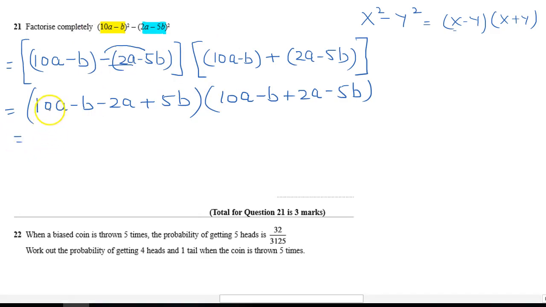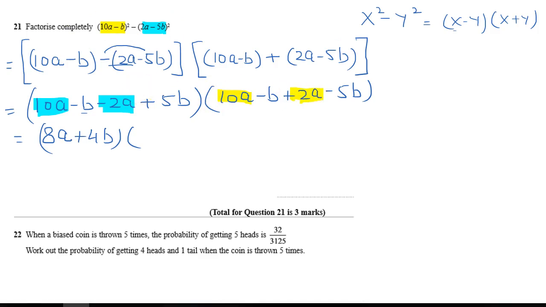So this will be 10a minus 2a. 10 minus 2 is 8a, minus b plus 5b is plus 4b, and this will be 10a plus 2a. So that will be 10 plus 2, 12a. Minus b minus 5b is minus 6b.